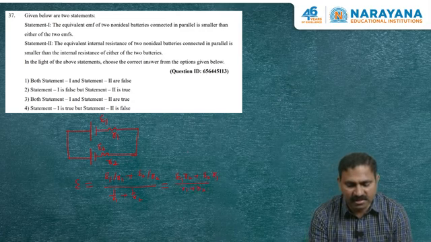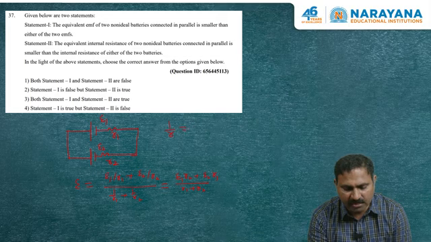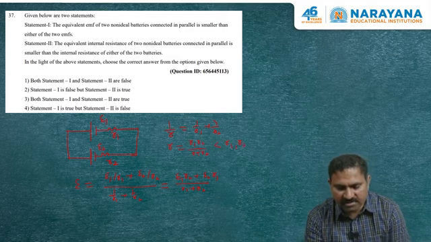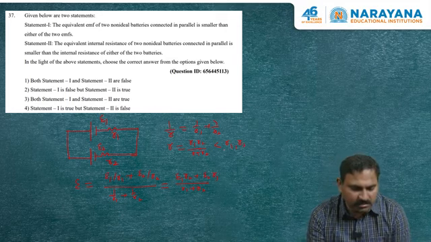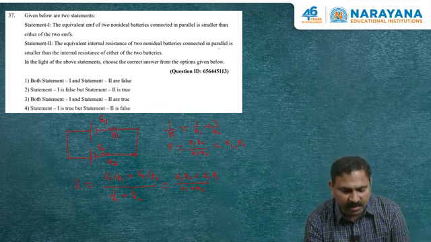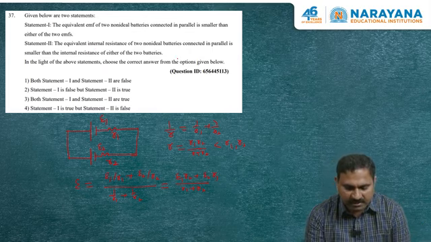Similarly, effective internal resistance will be 1 by R equal to 1 by R1 plus 1 by R2. We can prove it mathematically, R equal to R1 R2 by (R1 plus R2), which is always smaller than the smaller one. So it is always less than R1 and R2. So the second statement is correct here. Equivalent internal resistance of two non-ideal batteries connected in parallel is smaller than the internal resistance of either of the two. That is correct.